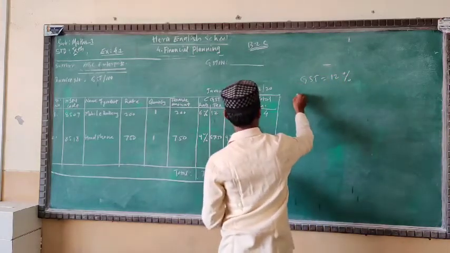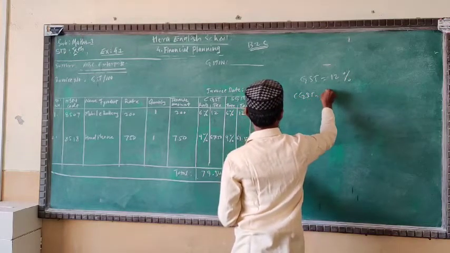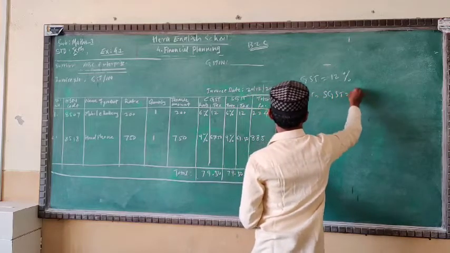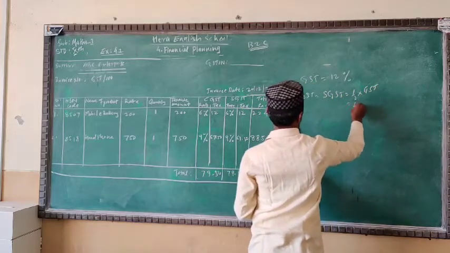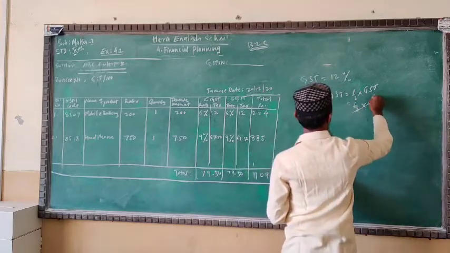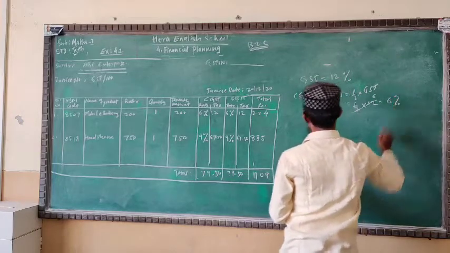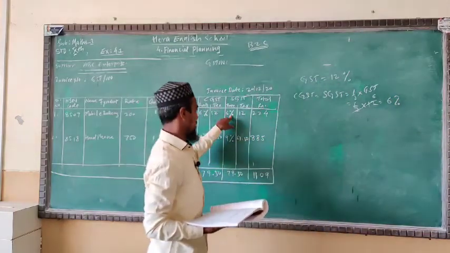And here in the question we are given GST, how much? 12%. Then you know very well CGST is equal to SGST, it will be half of GST, means half of 12, 2 1 is 2, 2 6 is 12, you will get 6%. So I have written here 6%, for CGST as well as SGST.